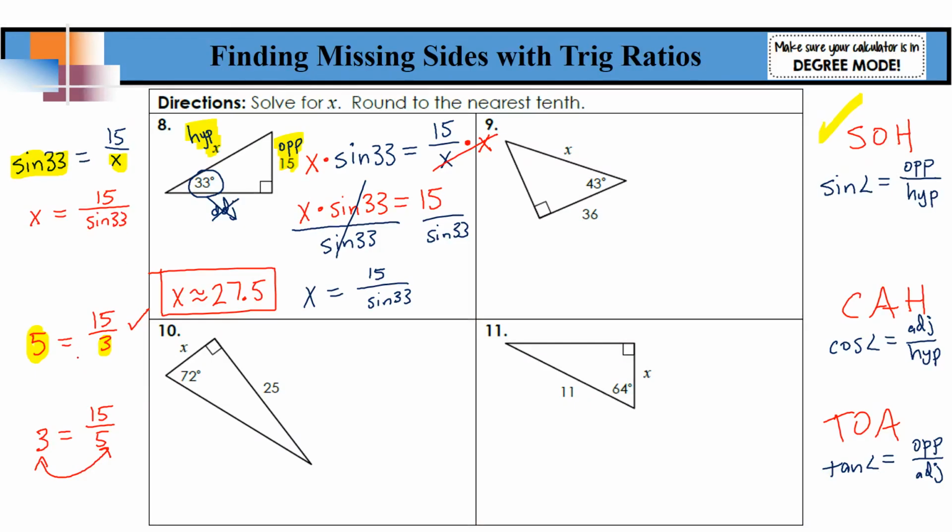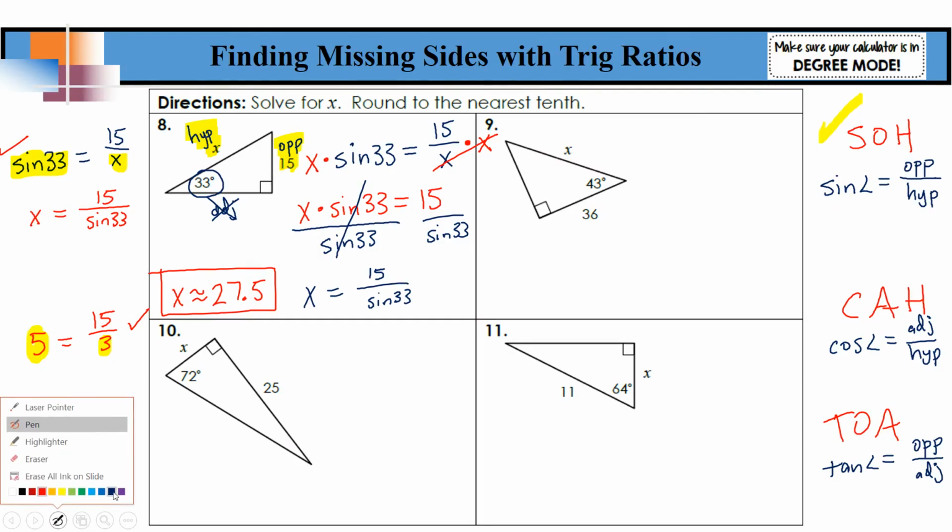Again, just like how I was able to do that here. 15 divided by 3 equals 5, 15 divided by 5 equals 3. These two pieces can be interchangeable and the equation is still true. That applies up here as well. So moving forward, I am going to use this kind of shortcut method. If you don't like that, you're welcome to multiply by x and then divide by sine or whatever you're dealing with, sine, cosine, tangent.